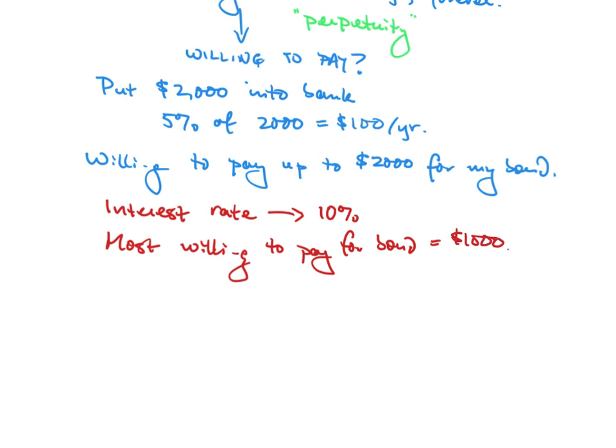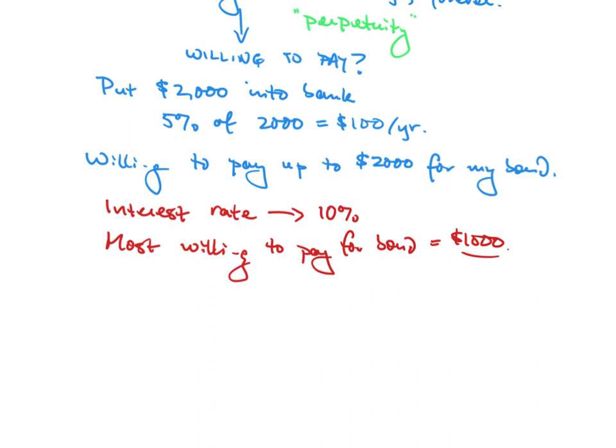Because you've got the option of paying $1,000 for my bond that promises $100 a year, or you could take your $1,000 to the bank and get interest payments of $100 per year from now till forever. That's a toss-up for you. So again, the most you'd be willing to pay for the bond is $1,000.